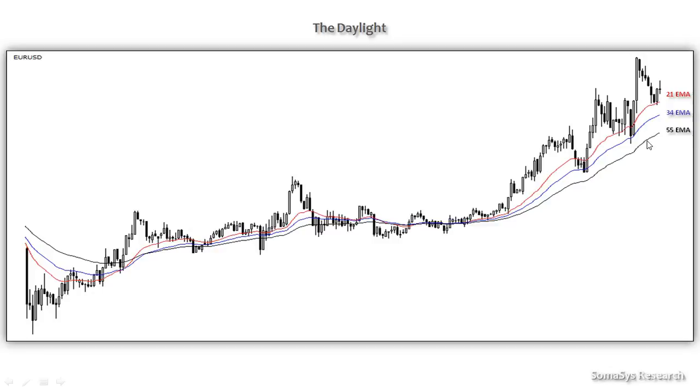That's it. Now this setup occurs when all the exponential moving averages converge and a single price candle trades through all the averages and closes beyond. The exponential moving averages must go dead.